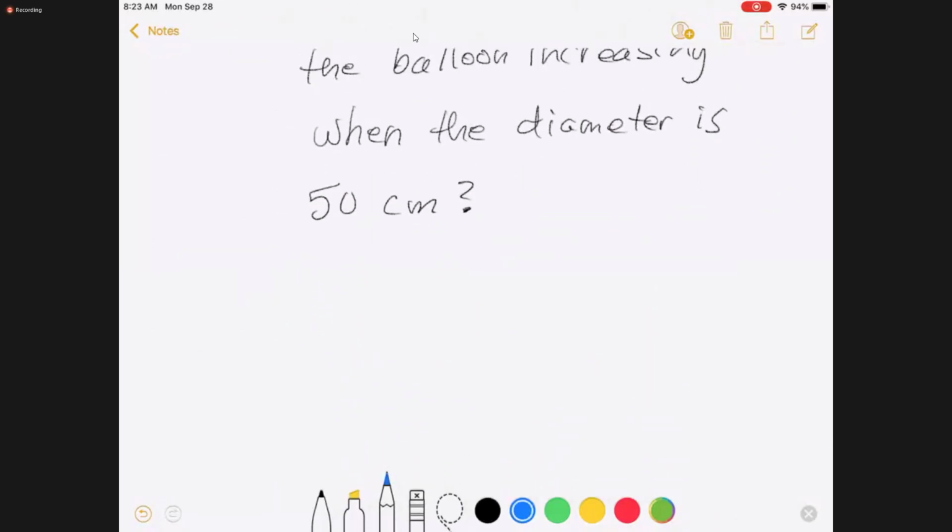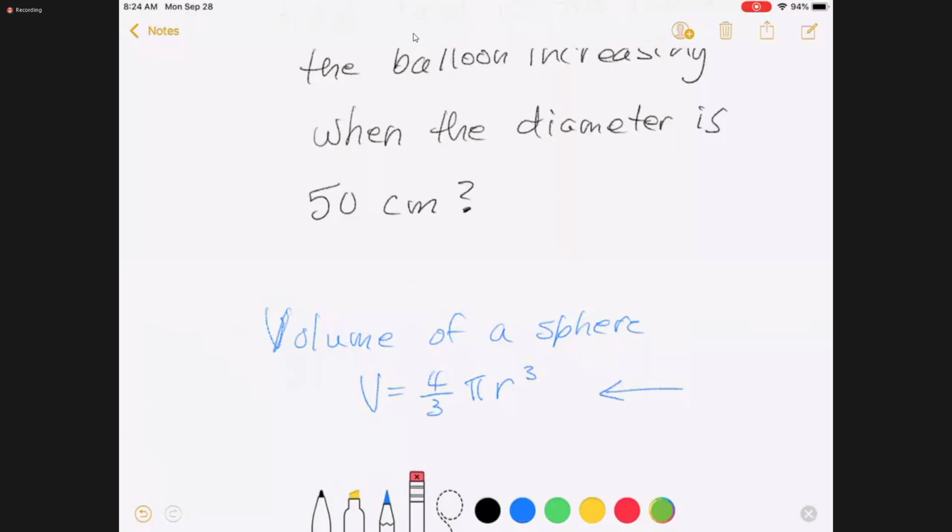The volume of a sphere, V is equal to 4/3 pi r cubed. We're going to be able to derive this later in the semester, so you don't have to take it for granted. But this is the volume of a sphere, that equation.